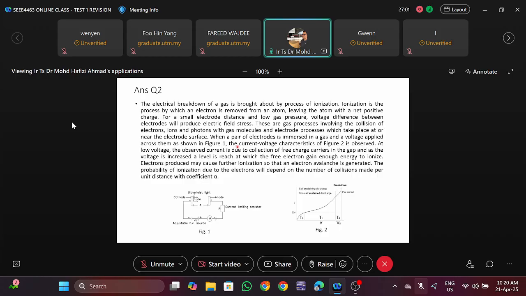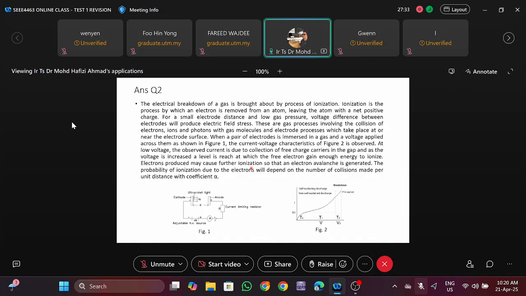So if the collision is inelastic and due to high energy of the electrons, because you got some energy coming either from the electric field, or from the photoionization of ultraviolet light, then it may release electrons, leaving the atoms as positive ions.